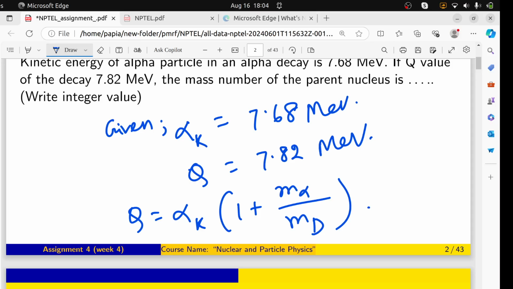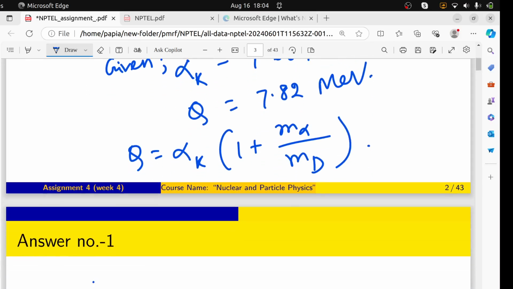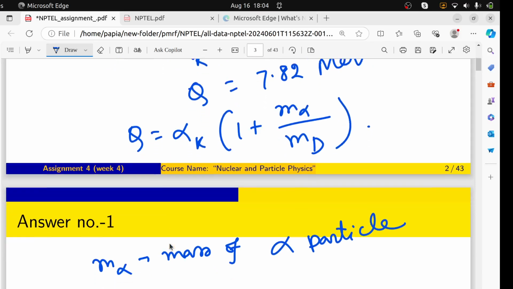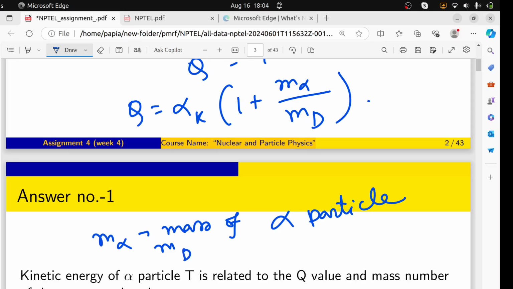So what are m alpha and m d? m alpha is the mass of the alpha particle, and m d is the mass of the daughter particle.